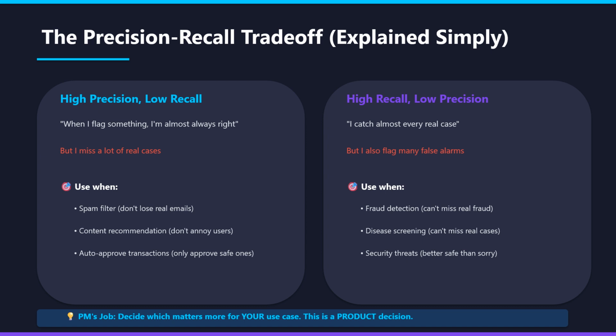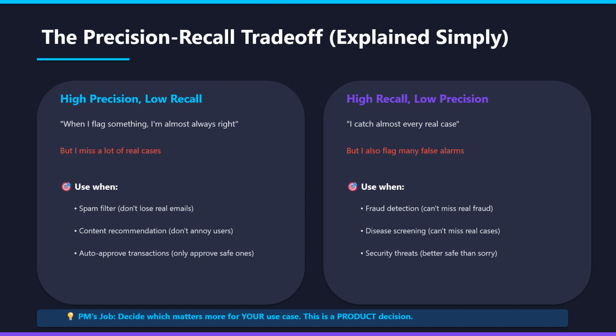You can tune the model to be more aggressive or more conservative, right? So high precision, low recall means when the model flags a transaction as fraud, it's almost always right, but it misses a lot of actual fraud, right? It's conservative, so it only flags when it's very sure.